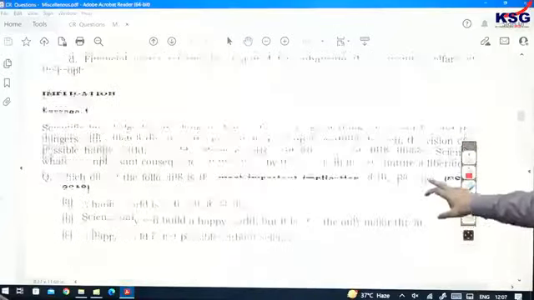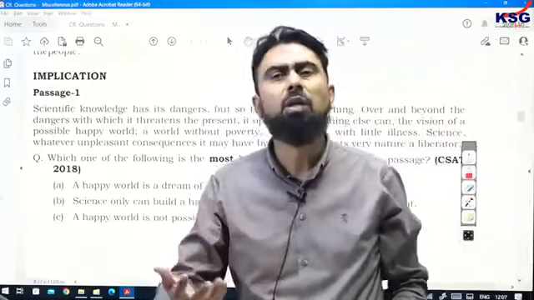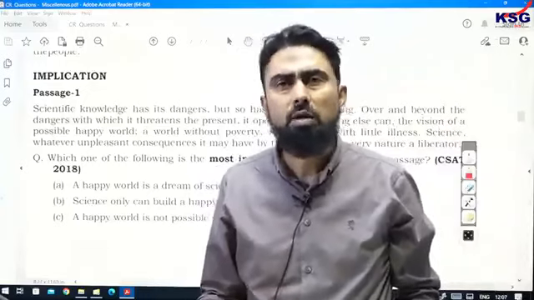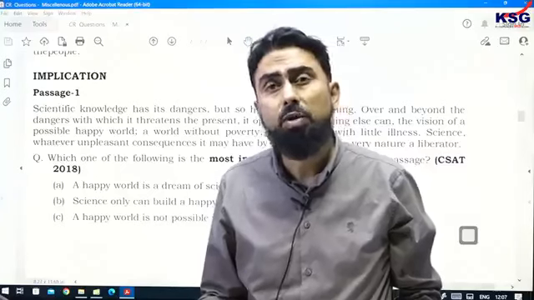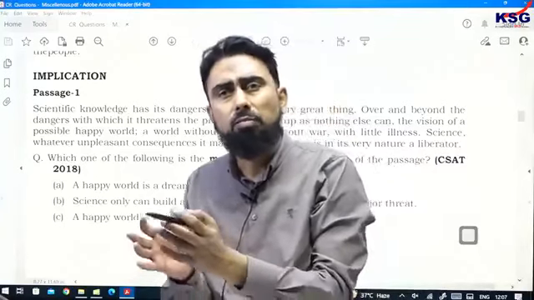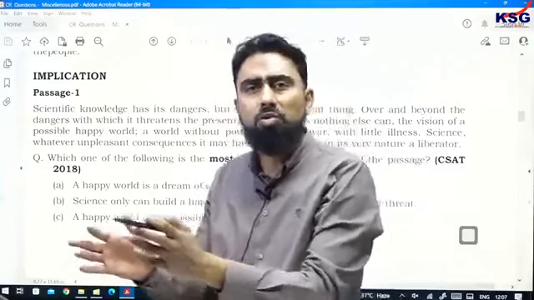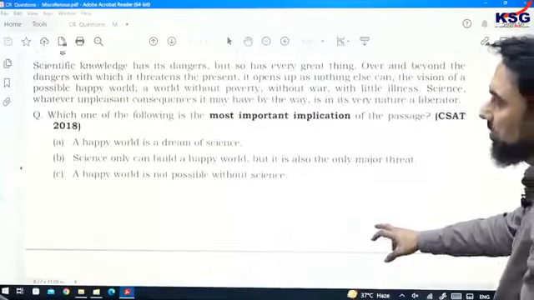Implication, as I gave you this, that implication also means the meaning. Suppose you have said a sentence, Anish, and somebody asks you what is the implication of your statement. It means what is the immediate meaning or the far-reaching meaning of that statement. Here, 4 statements were written in the passage number 1.